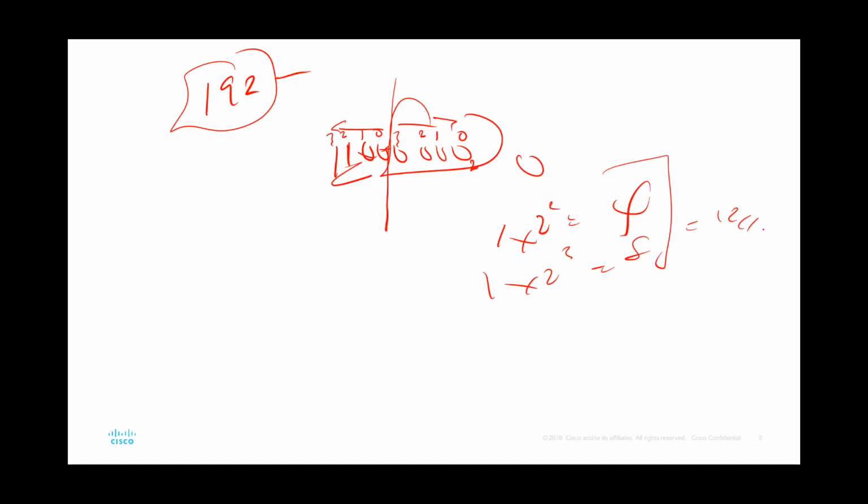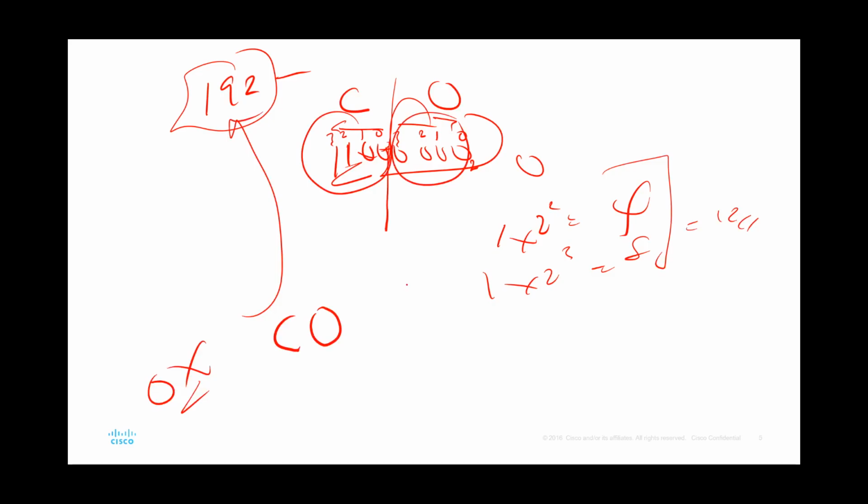Which letter is equivalent to 12? A is 10. B is 11. C is 12. My answer will be C, 0. On this side, I got C. On the other side, I got 0. Not 0, guys. This is the hexadecimal equivalence of this.